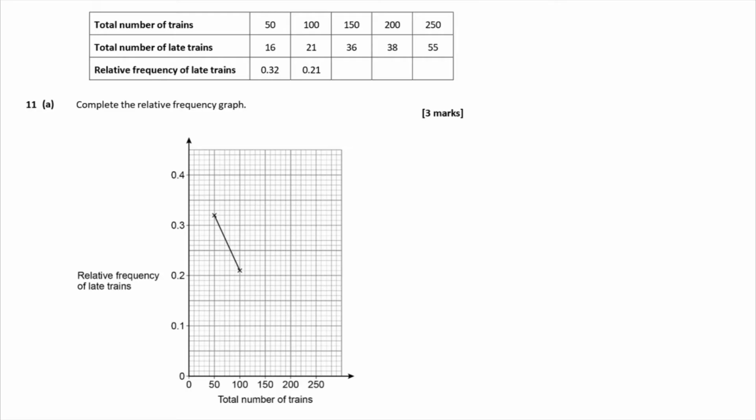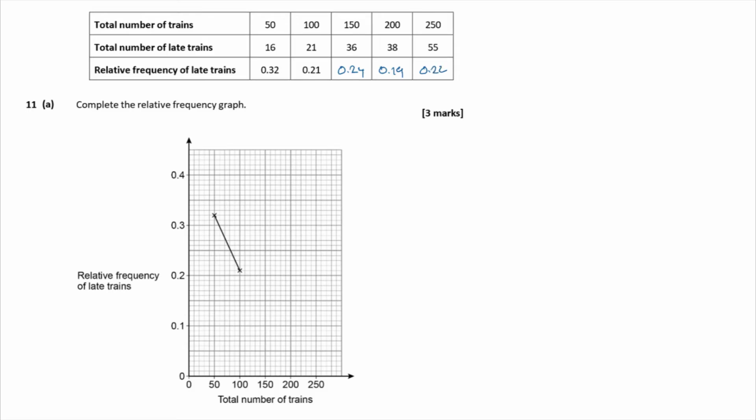So the next value in that table is going to be 36 divided by 150, which comes out to be 0.24. Okay, and then the next one is going to be 38 divided by 200, which comes out to be 0.19. And finally, I'm going to get 55 over 250, which is 0.22. Okay, so now I've got all my relative frequencies.